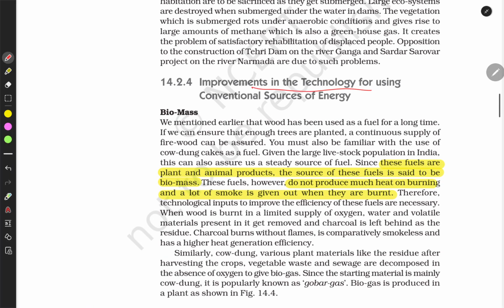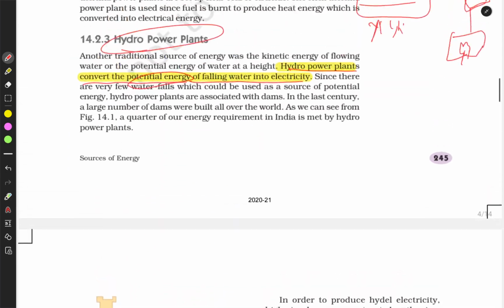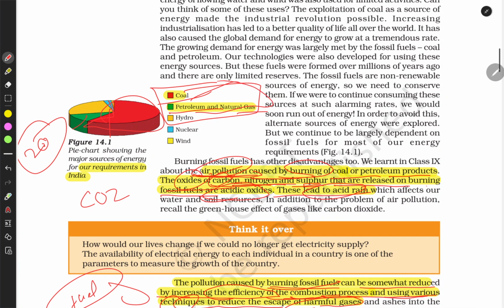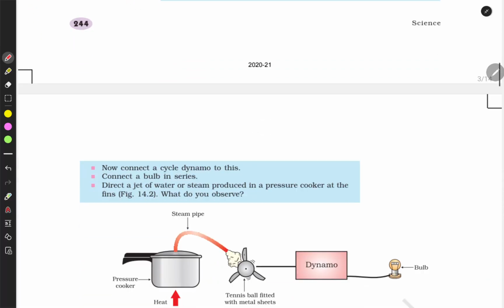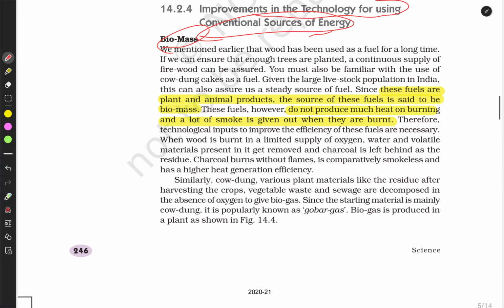And like improvement in technology for using conventional sources, as we know that these fossil fuels, like coal and petroleum, are limited, and so these resources will be exhausted if we extensively use them.